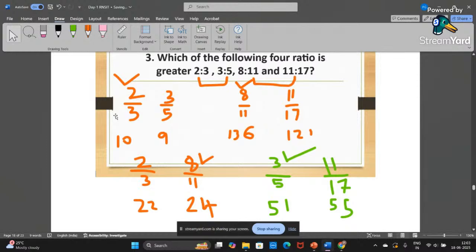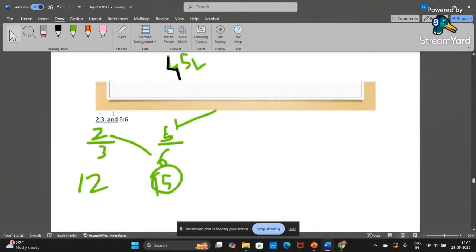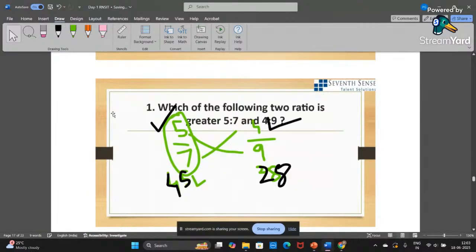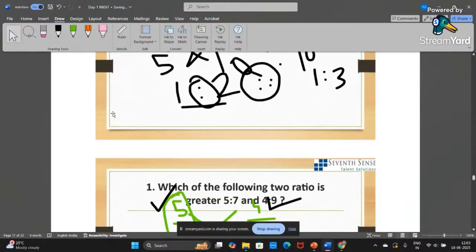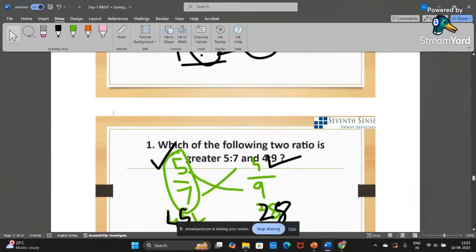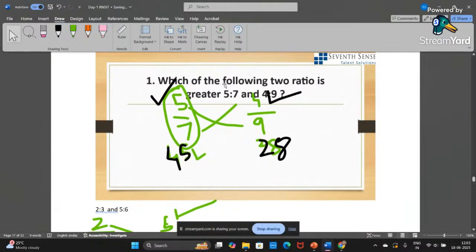I'll repeat the steps. Ratio is nothing but a comparison between two quantities. Proportion means comparing two ratios. Proportion is also known as equate. So in this, we have to compare just two ratios.